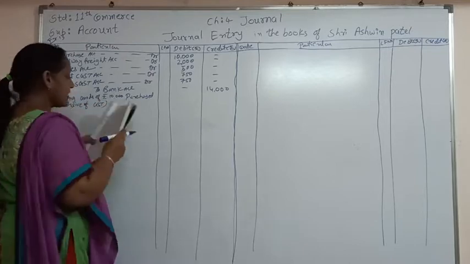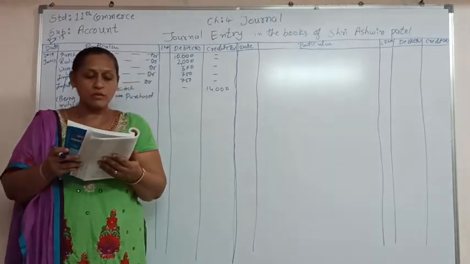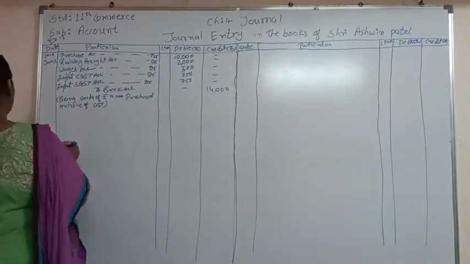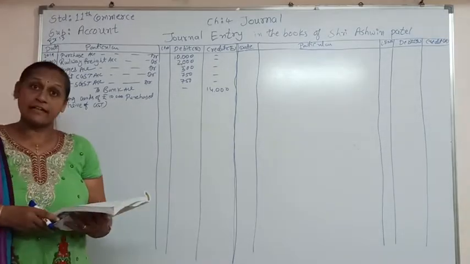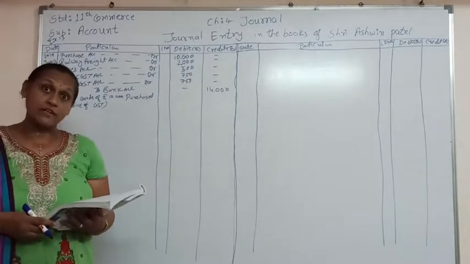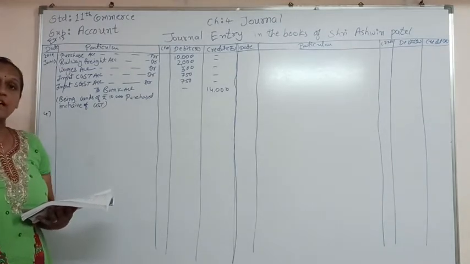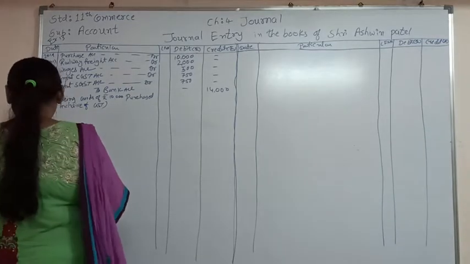Now let's see the second transaction, that is goods of rupees 8,000 purchased from Amul Bhai of Anand. Here again we have purchased goods on the 4th, and this is a credit purchase. So purchase account debit, input CGST account debit, input SGST account debit, to Amul Bhai. That journal entry has to be passed.